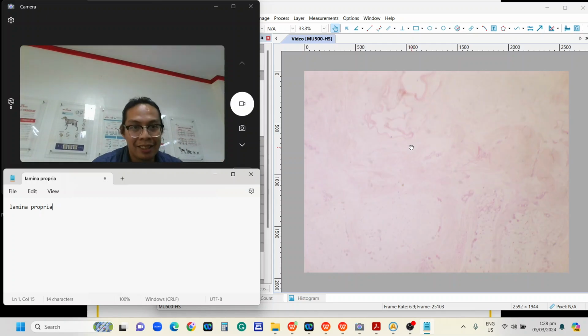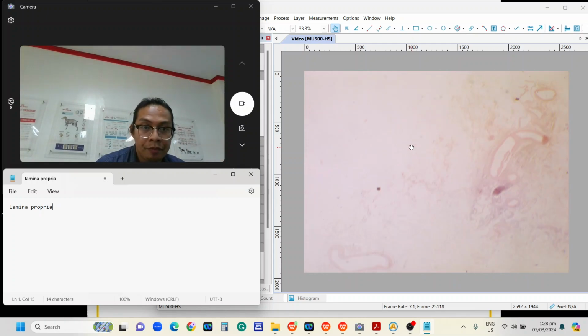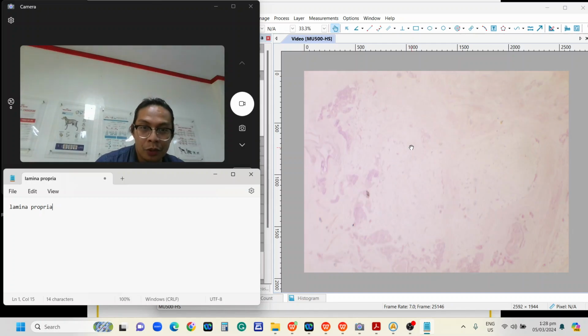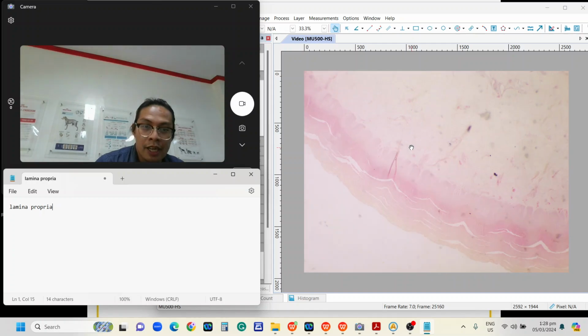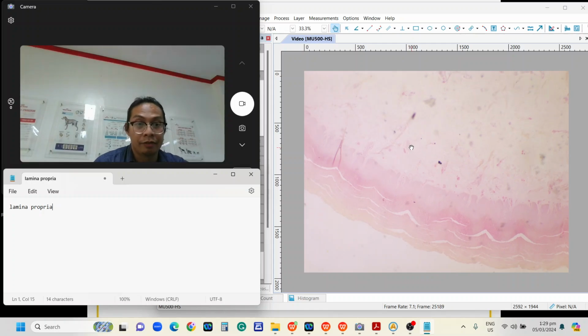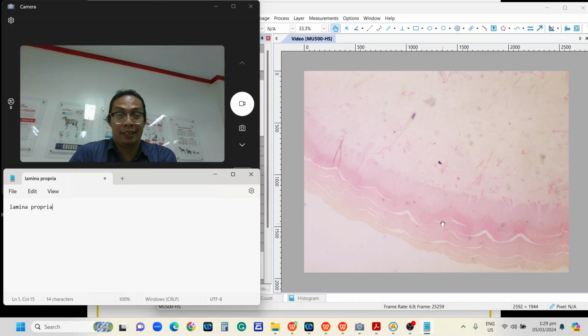So this is the palm of a hand. Hanapin natin yung kanyang superficial layer. This is the superficial layer of the palm. Okay? Mga uling tissue yan. Epithelia, di ba? Siya ay isang stratified squamous epithelium.